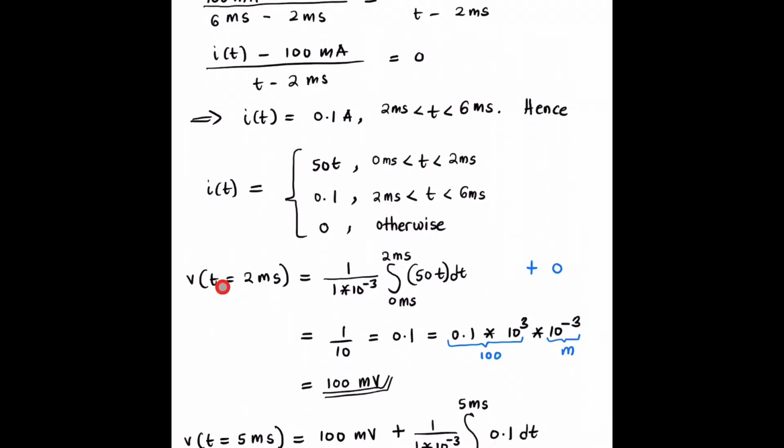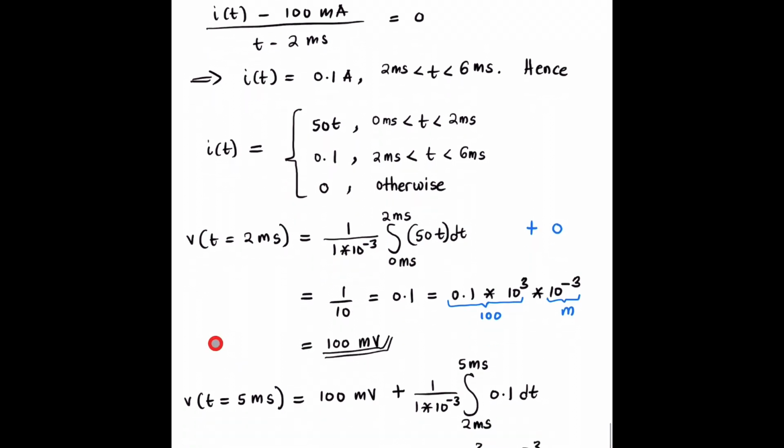The voltage at t equals 2 milliseconds is equal to this, plus 0, because the capacitor is initially uncharged. Once we simplify this, we get 100 millivolts.